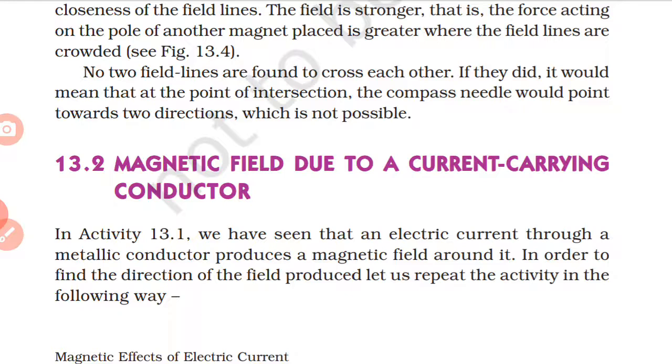Now place the straight wire parallel to and over a compass needle. Now switch on the simple key. You will observe that current flows from the positive terminal to the negative terminal, and you will see a deflection in the compass needle.